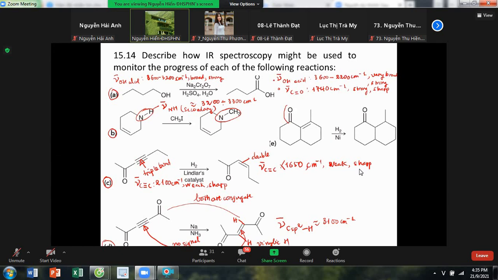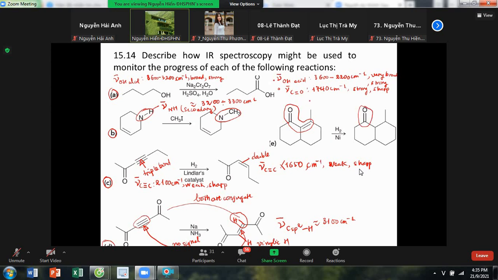And triple bond and double bond are symmetric, so they will not produce signals in the infrared spectrum. So we cannot base on double bond and triple bond, but we can base on the Csp2-H, I think.